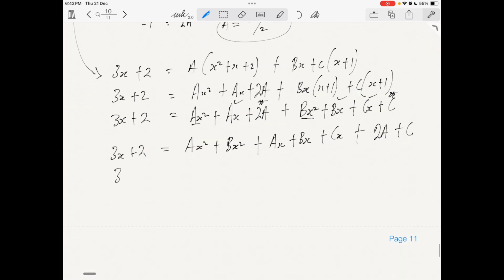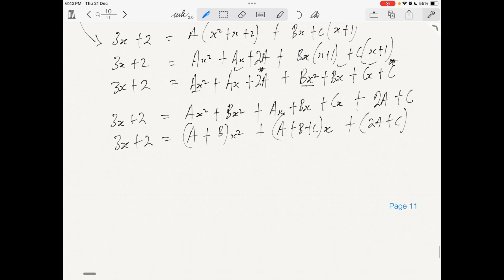Now let's make it more sensible. This gives (a plus b) into x squared, plus (a plus b plus c) into x, plus (2a plus c). Amazing. Now let me compare coefficients. There's no x squared on the left-hand side, so I can write it as 0x squared. So this is equivalent to this, this to this, and this to this.